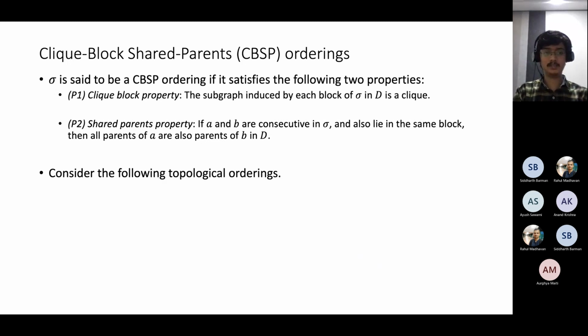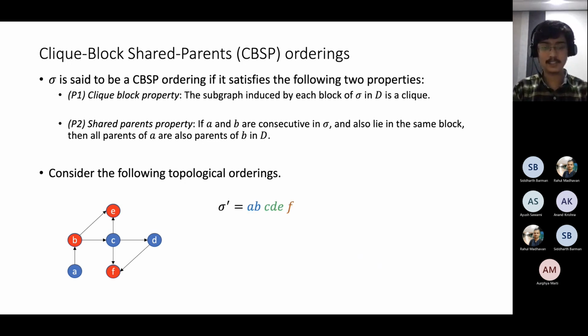Okay, let me give an example. So again the same DAG. First consider the topological ordering sigma prime: A, B, C, D, E, F. Now in this case the sink nodes are B, E, and F, and therefore the blocks are A, B, C, D, E, and F. Now consider this block C, D, E. In the graph, we can see that C, D, E is not a clique.